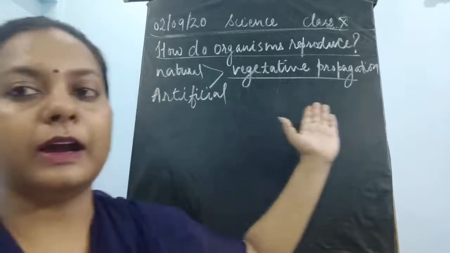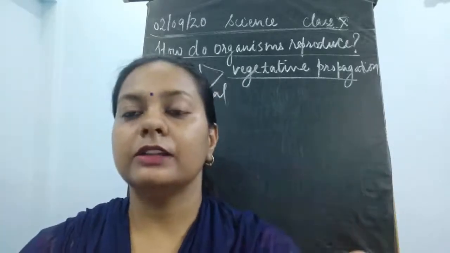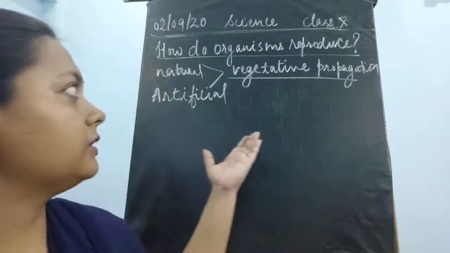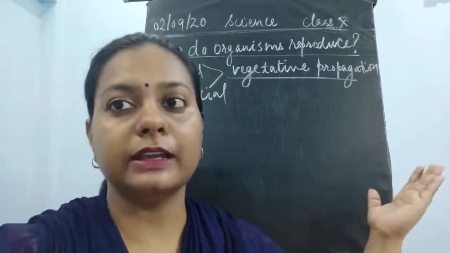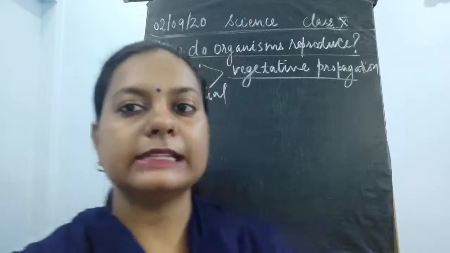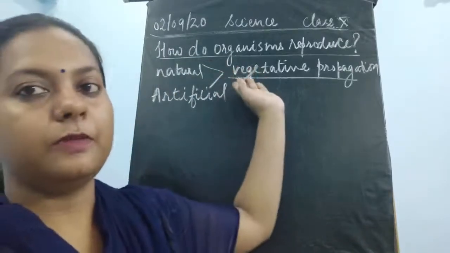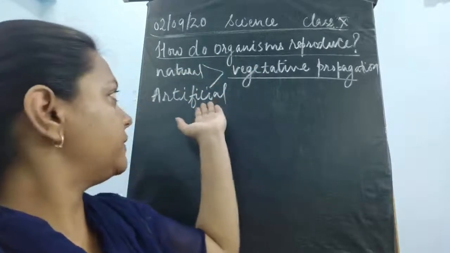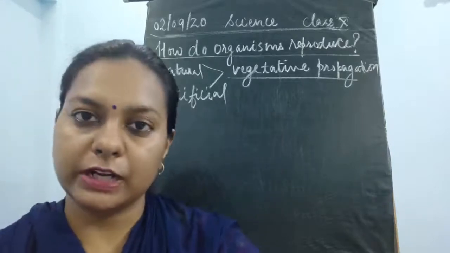The vegetative parts are the root, stem and leaves. How is the number getting increased? Because of two methods of vegetative propagation: the natural method and the artificial method, and we discussed the natural mode of vegetative propagation.